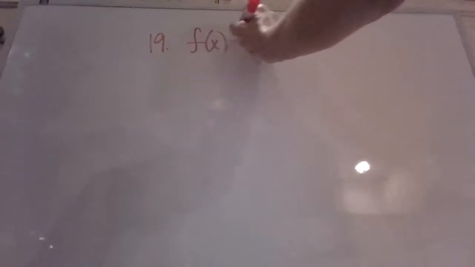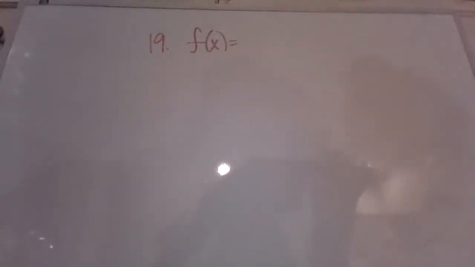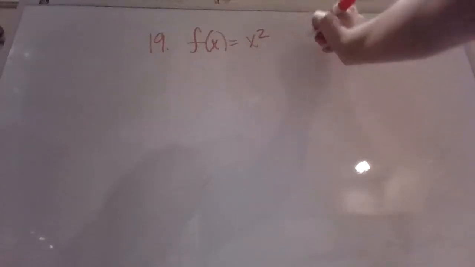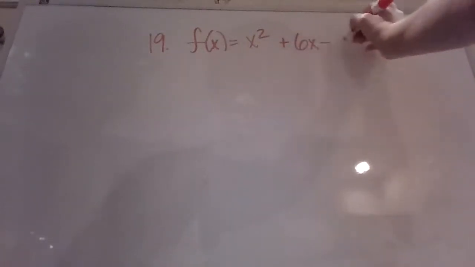Okay, number 19. Actually, we're not going to end with this one, on this section. f of x equals x squared plus 6x minus 8.